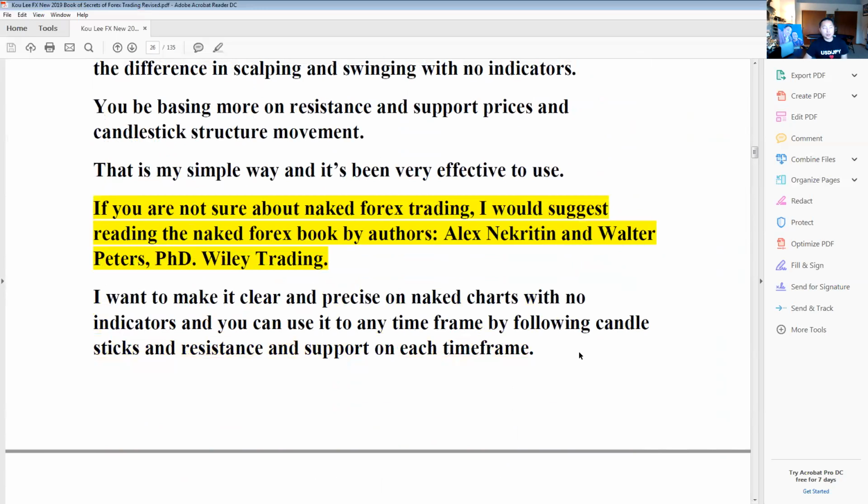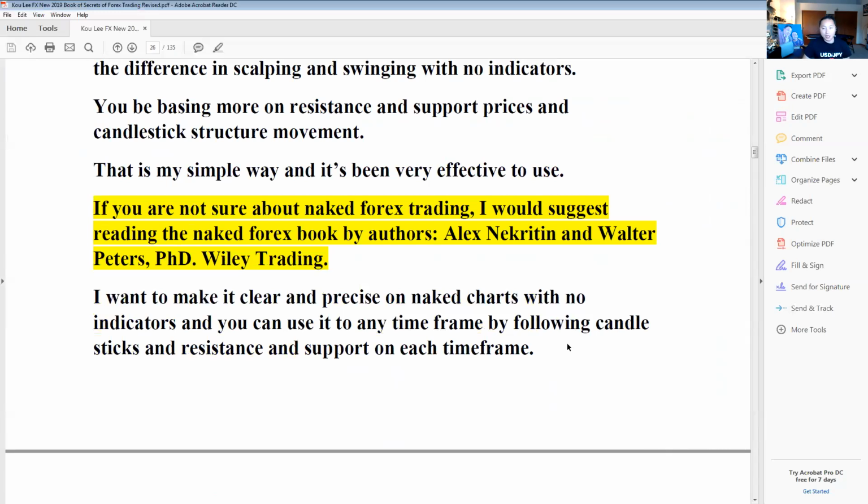I would suggest reading the first 2 chapters of this book to see if you want to go into naked Forex. You don't have to, but they even outline the difference from looking at RSI, Stochastic or the MACD or other indicators, and why it takes forever for that indicator to let you know to buy or sell, or the timing is off.